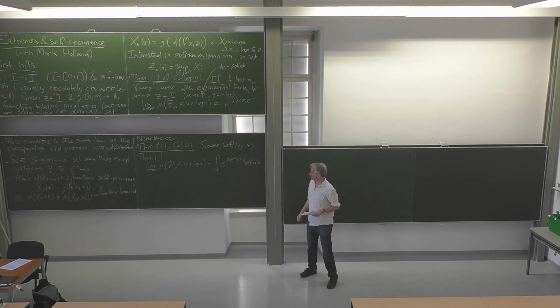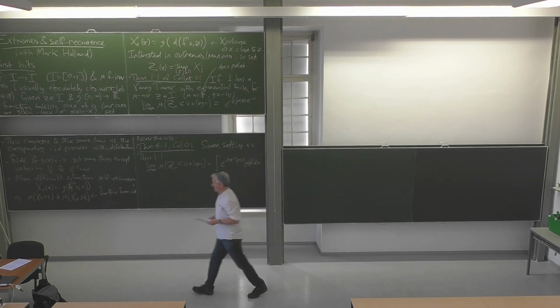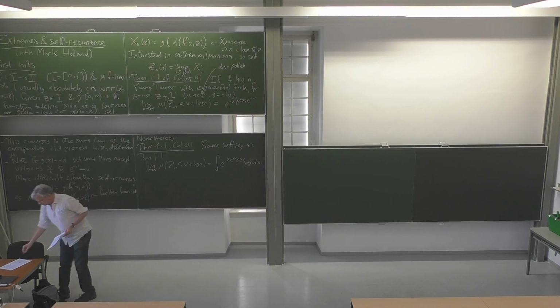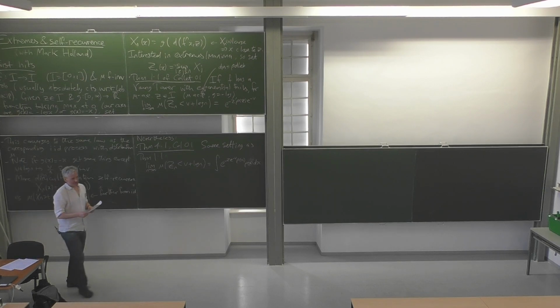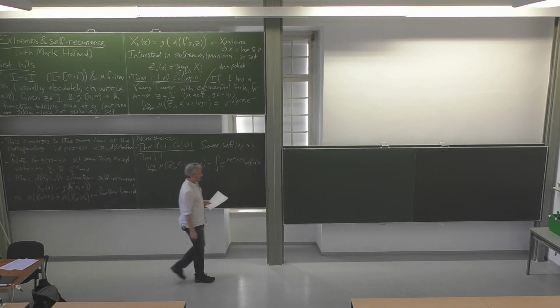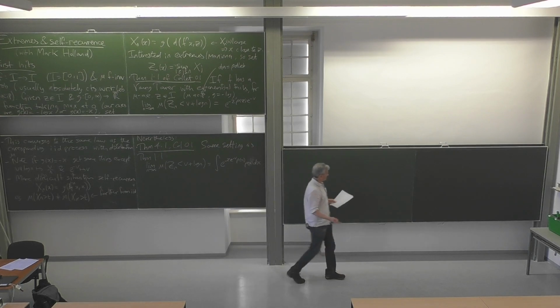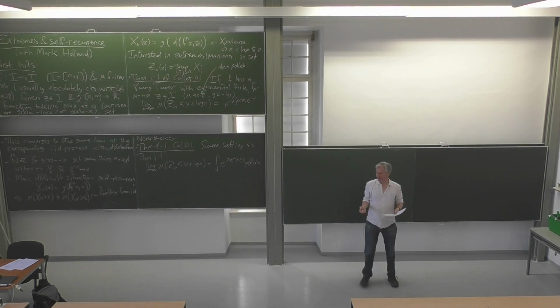Any other questions or comments on this? So in extreme value theory, there are three types: there's the Weibull, there's the Frechet, and there's the Gumbel.